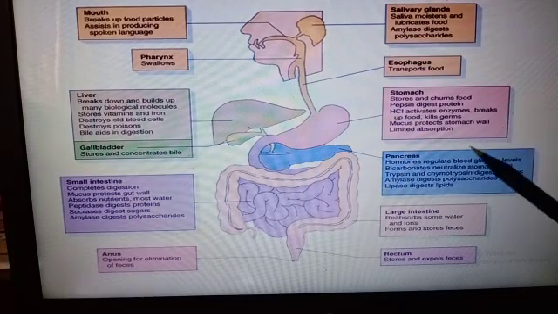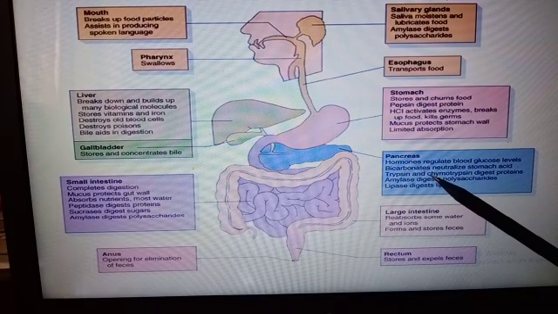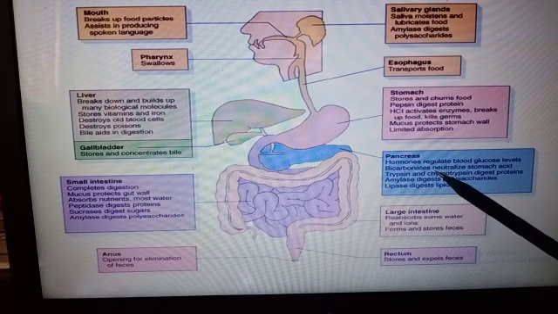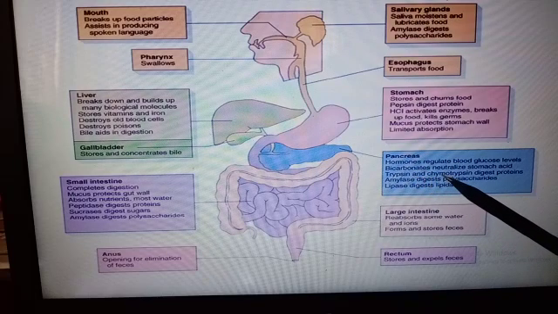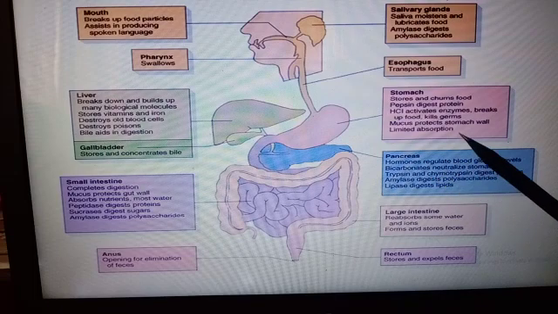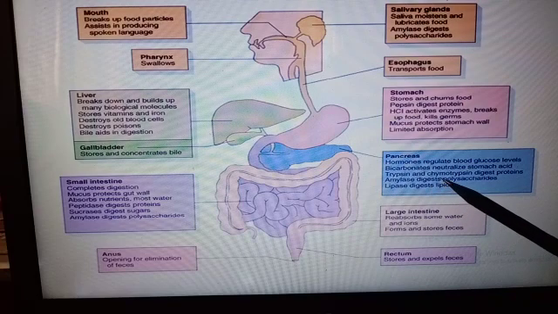Amylopsin helps in digesting the entire carbohydrate into maltose and ultimately into glucose. And trypsin, you can see written over here, and chymotrypsin, help in breaking the protein into amino acids, and steapsin digests the fats into fatty acids and glycerol.